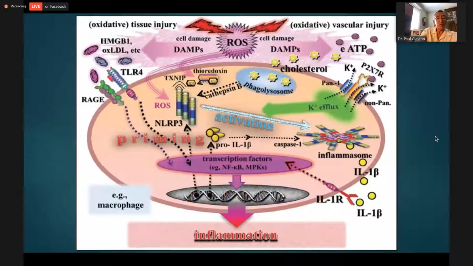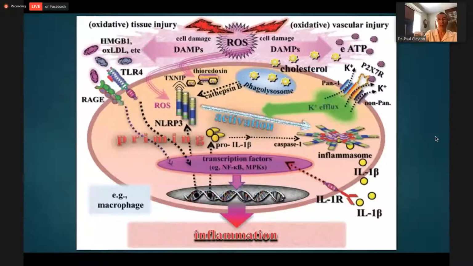Now, if you're eating a diet which is depleted in the anti-inflammatory nutrients and which contains excessive amounts of the pro-inflammatory nutrients, then you start to activate this kind of machinery. Now, I won't get into it in detail, but what I want to point out is that everything inside that circle is taking place inside the cell.